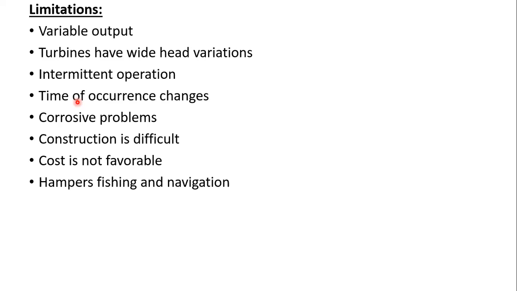Next, fifth problem is corrosion problems. Seawater is corrosive. It contains salt, so if salt is present, a corrosion problem occurs, and the machinery can get corroded.